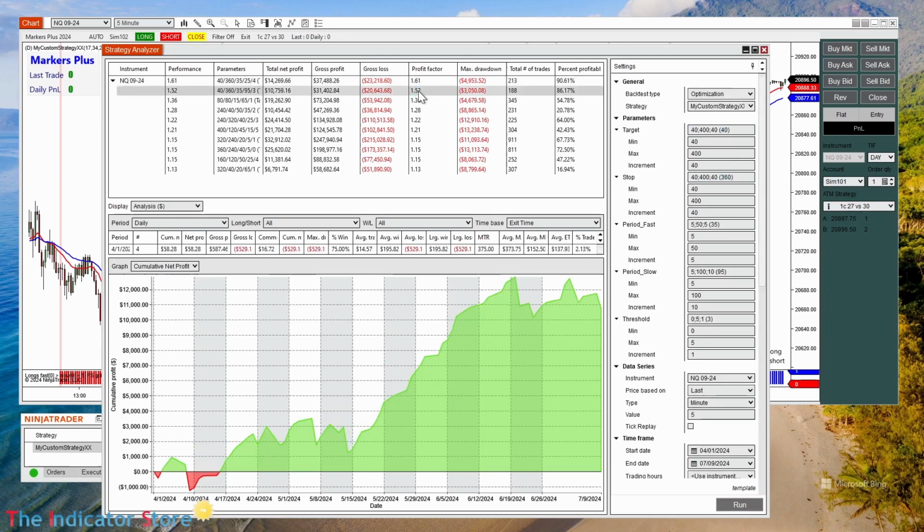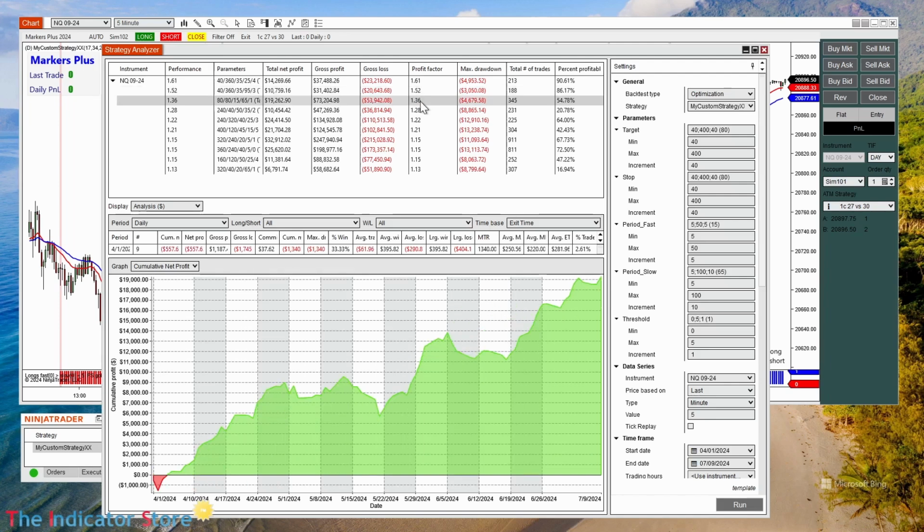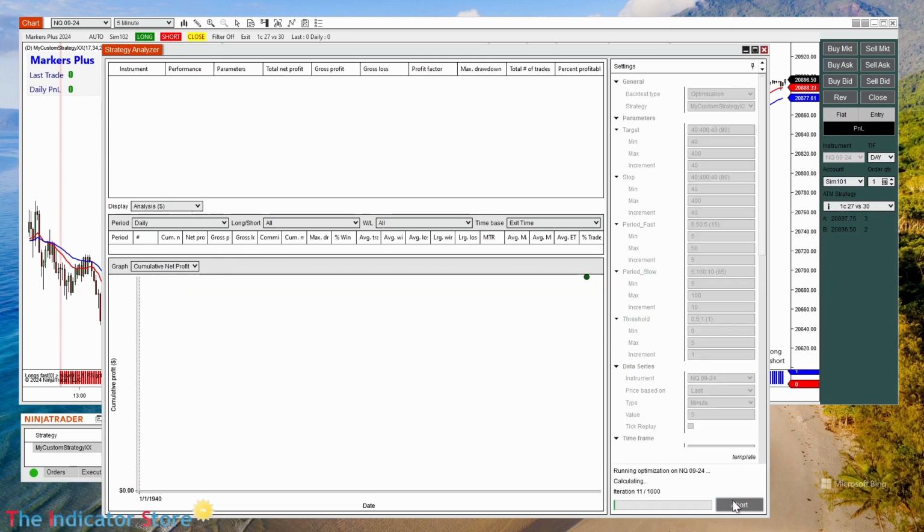The second solution, maybe, but on the last days it is flat. So the most important is the last days should be okay. This solution has a low profit factor, but again, we can click on run and search another set of solutions. So using the genetic, we have this limitation.